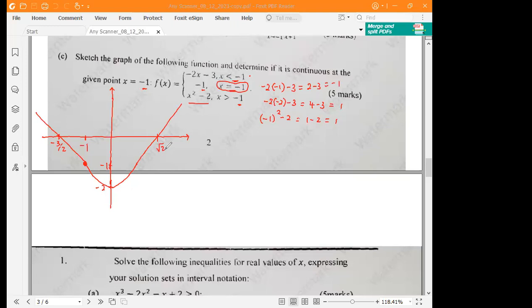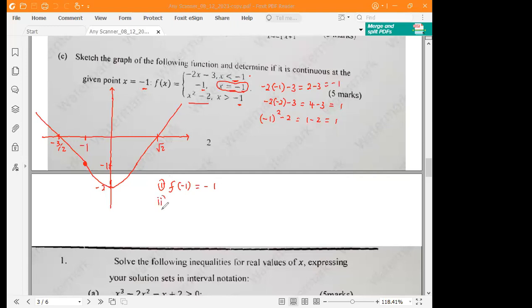We want to check if it's continuous at x is equal to -1. Of course, the eyes can tell that it's continuous, but you need to solve. To be sure that it's continuous, the best thing you do is substitute -1 in the function, and we are told that when you do that, you get -1.